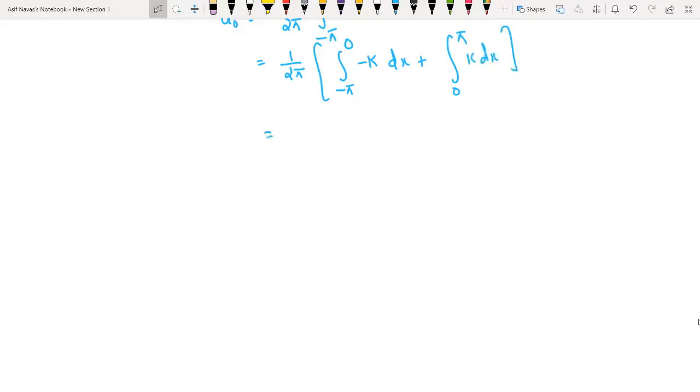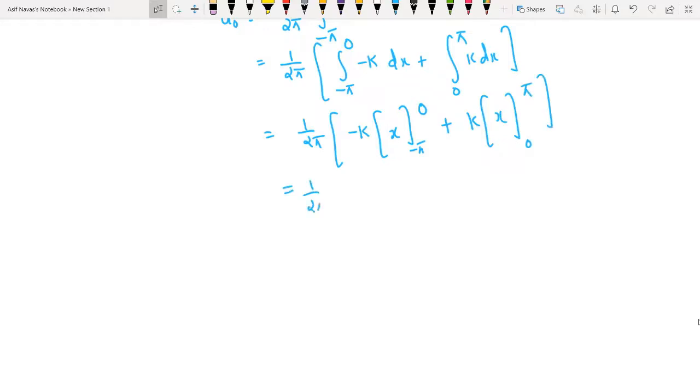So this is equal to 1 by 2 pi of minus k x from minus pi to 0 plus k times x, the integral of dx is x, from 0 to pi.